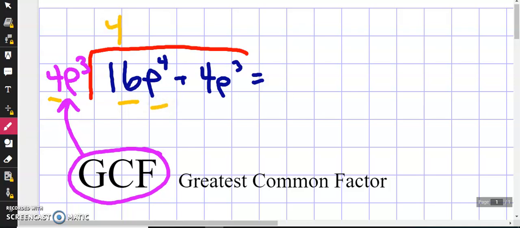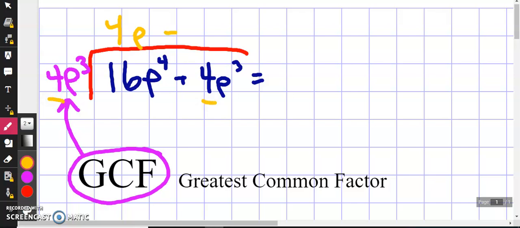I have p to the 4th power here and p to the 3rd power here, so I am missing 1 p. When I look at the second term, I know 4 divided by 4 gives me 1, so I need a positive 1. I have p cubed in both terms, so I'm not missing any p's. So that means I'm done with my factoring.